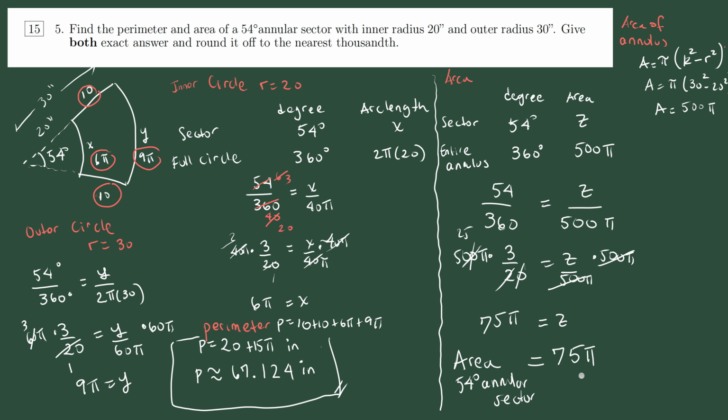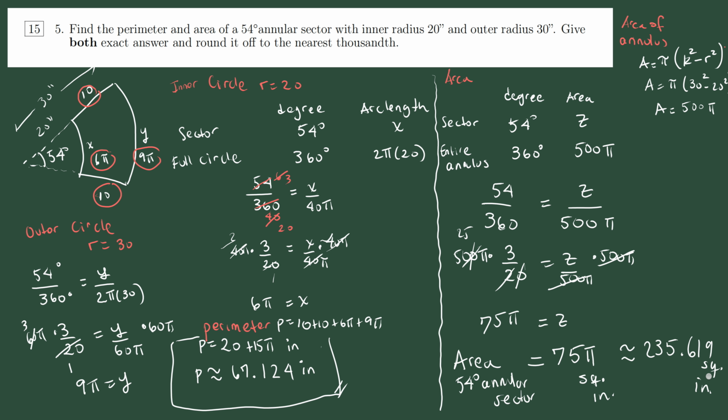What type of units are we having here? Square inches, which is approximately, let's see, 75 pi rounded to the nearest thousandth, we should get 235.619 square inches.